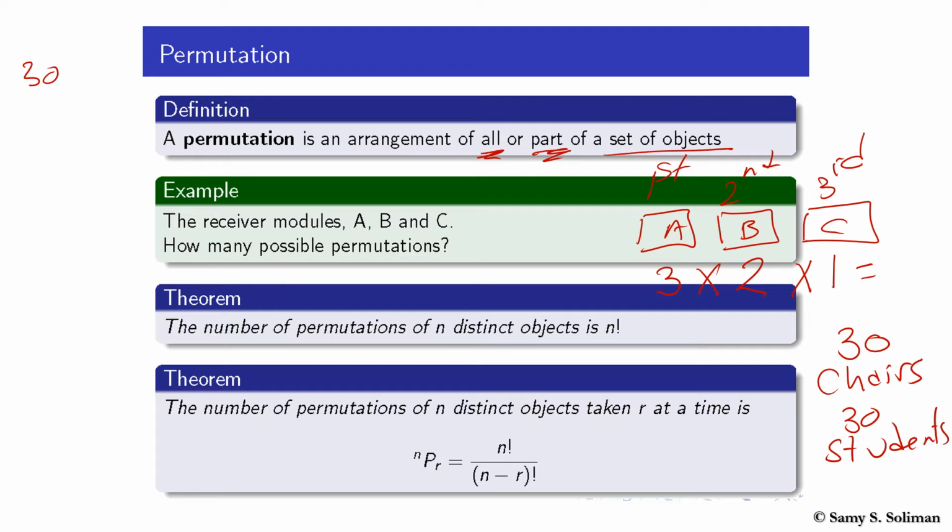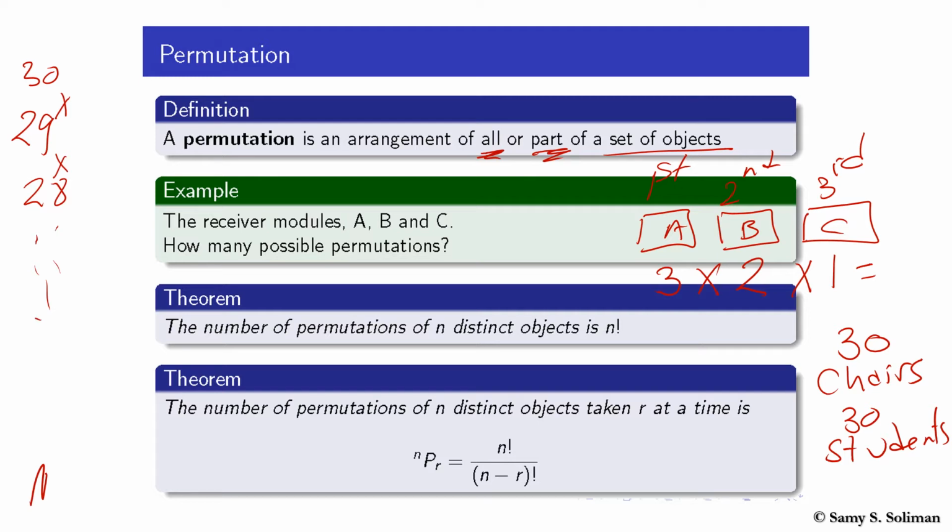And then for the second student, only 29 chairs are available. So for the second procedure, only 29 possibilities are there. Then for the third student, only 28 chairs are available, and so on till the last student, who will be left with only 1 chair available. Then applying the generalized multiplication rule, we have 30 times 29 times 28 and so on till times 1.